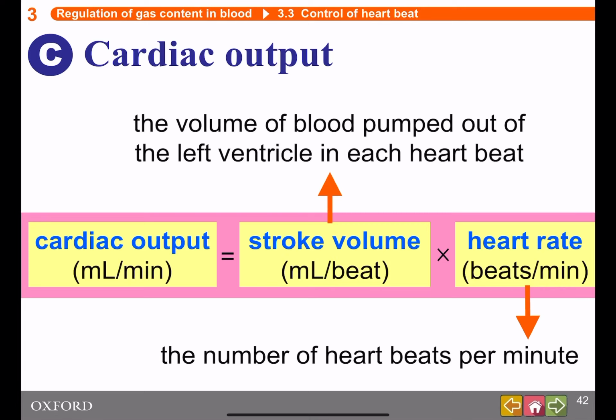So these two parameters multiplied with one another give you the cardiac output, that is the total volume of blood pumped out of the heart in 1 minute. We will continue to talk about cardiac output when we learn the control of cardiac output or the heartbeat in the coming video.